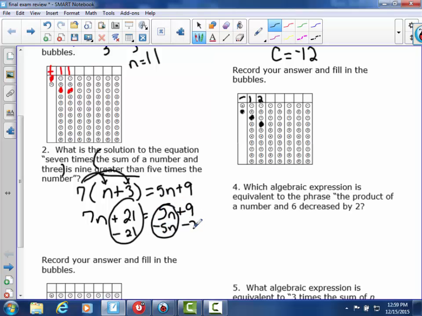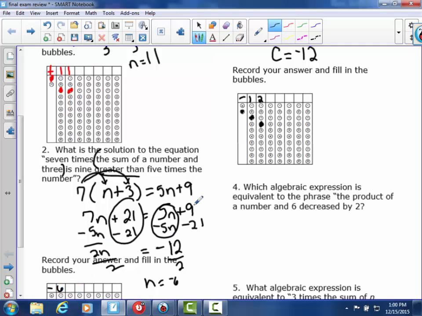So we're going to put minus 21 here and minus 5n here to keep things balanced. So we have 2n equals negative 12. Yes, 12. And then we divide by 2, and n is -6. So that would be -6, just like that, left to right.